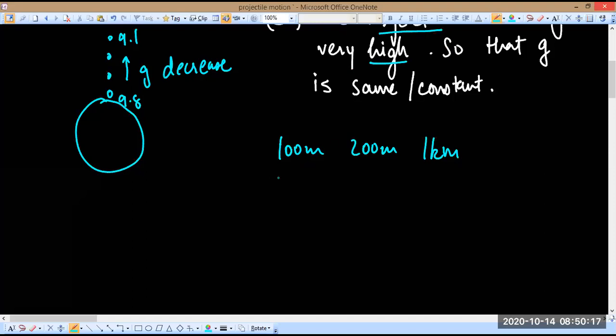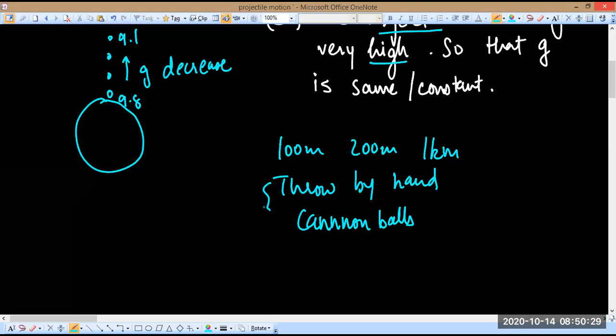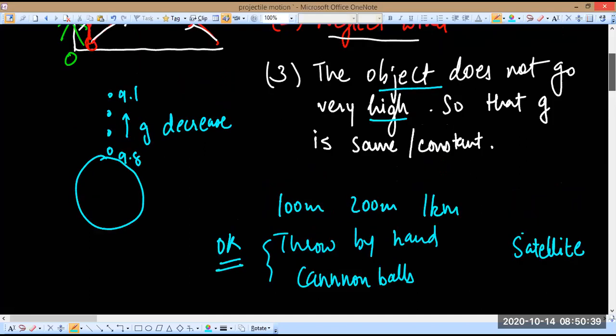So for things that we typically throw by hand, or things like small or big cannonballs, which don't go very high, this is okay, no problem. But not like big rockets or big satellites. Okay, I hope that is clear.